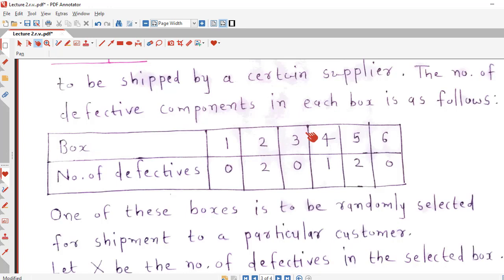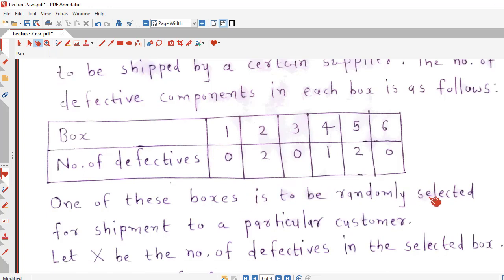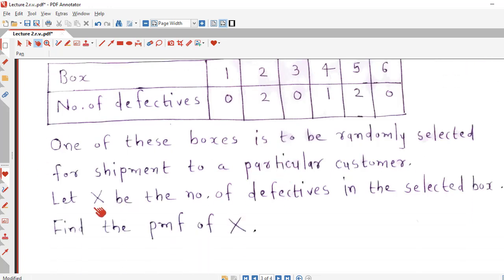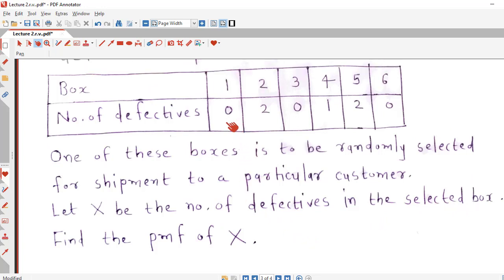So there are 6 possibilities, and the total number of outcomes in favor of selecting a box out of these 6 boxes is 6. What is the random variable? Random variable X is the number of defectives in the selected box. You can see here the maximum number of defectives is 2 and the minimum is 0. So the possible values of the random variable are 0, 1 and 2, and we have to find the probability mass function of this random variable X.